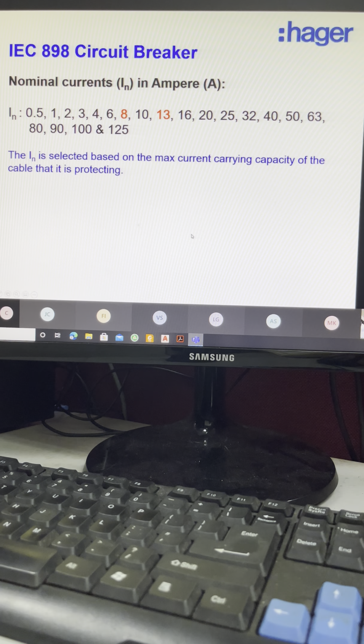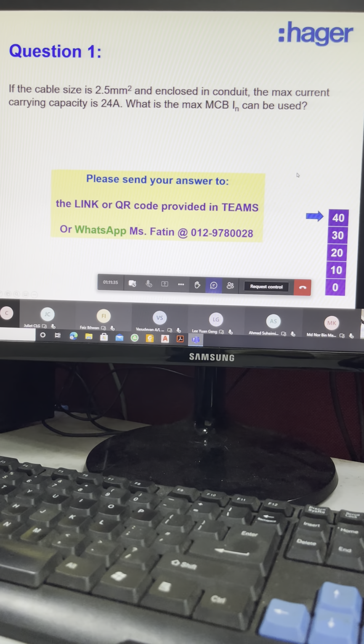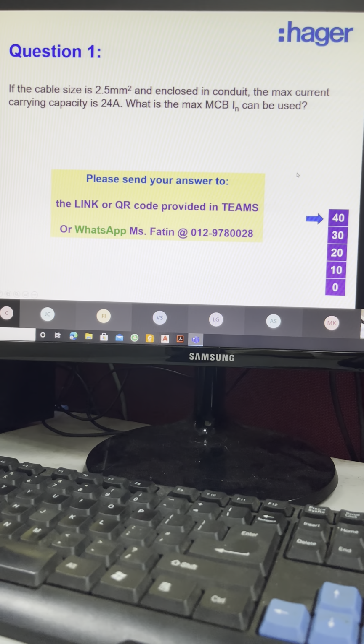Alright, get ready guys. The question is, this is the first question. I already gave you the answer, but this is just to start the quiz for today. 40 seconds from now. My cable is 2.5 mm.